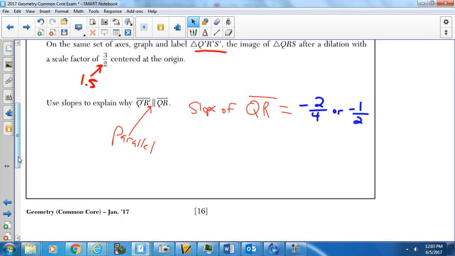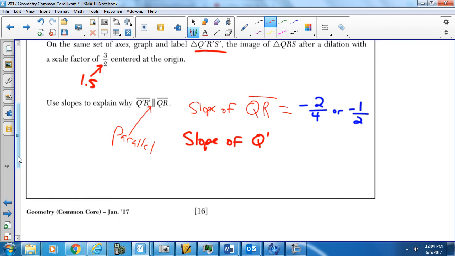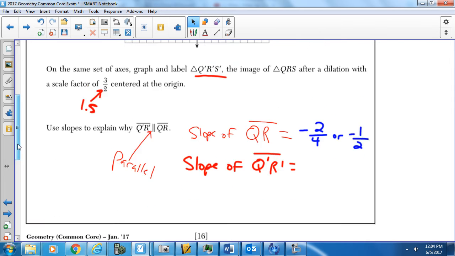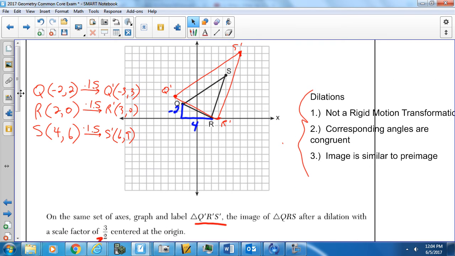All right, now what's the slope of Q prime R prime? Now I'm coming back up here, Q prime R prime. This time I'll go over and then down. Right, I went too far, should have been here. So our slope is going to be down 1, 2, 3. So negative 3 over 1, 2, 3, 4, 5, and 6.